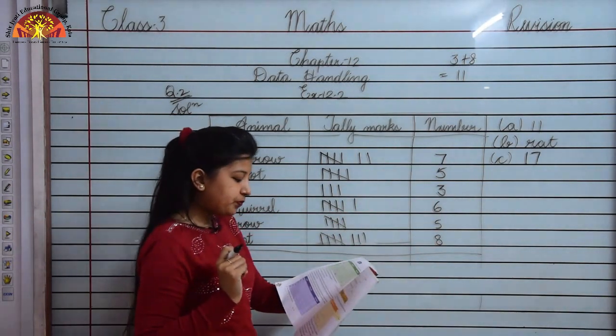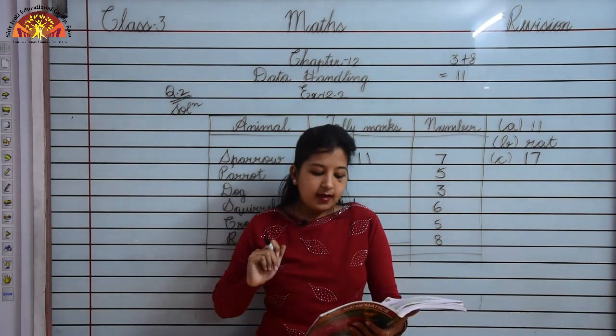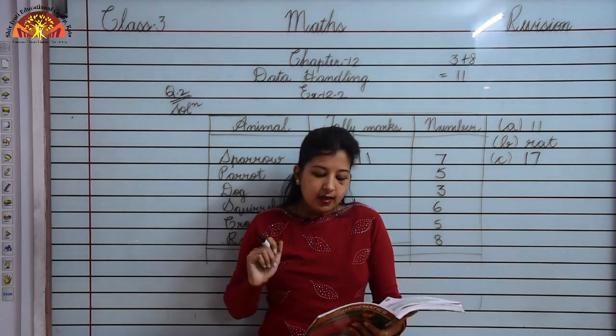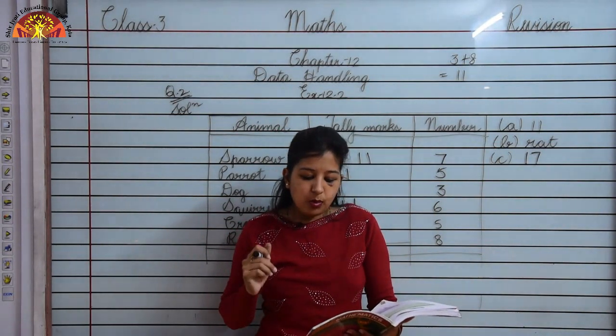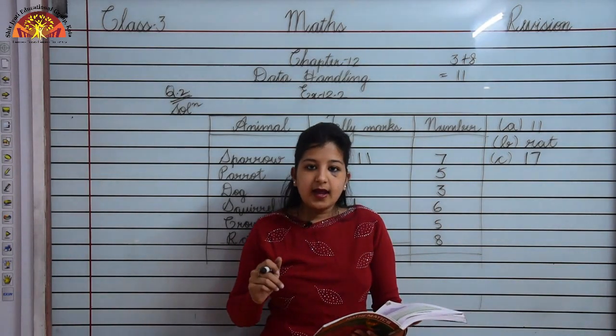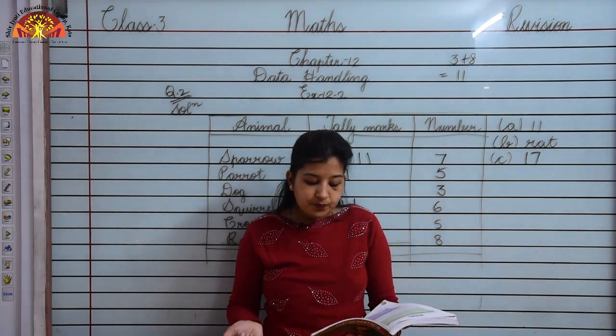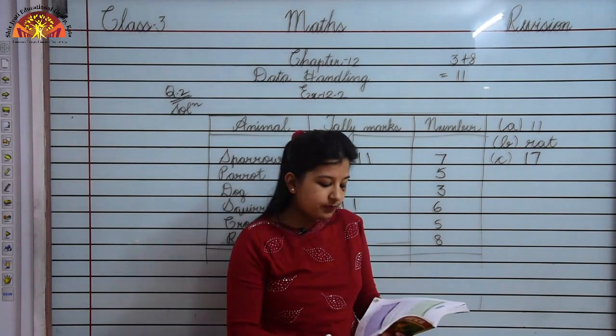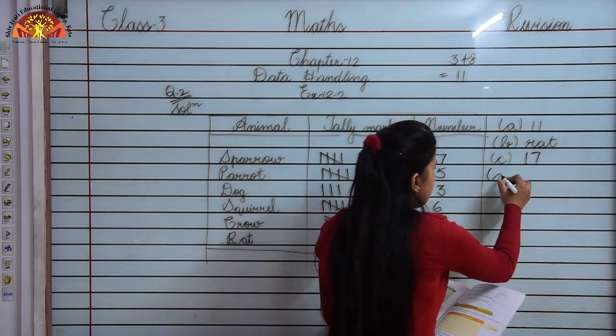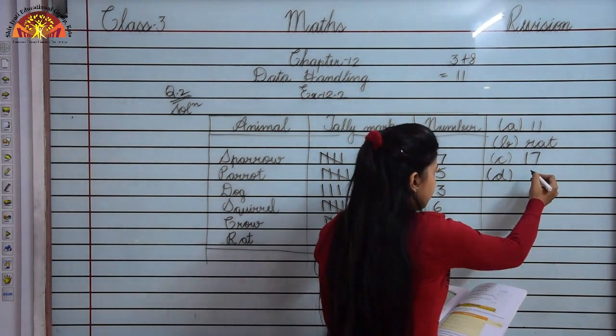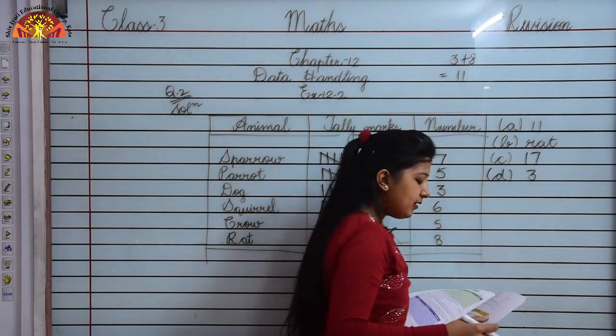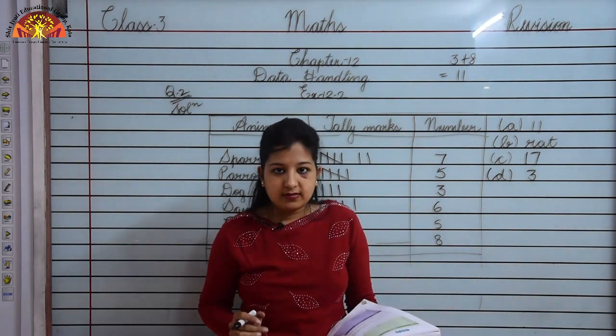Now, the next question is, D part of this question is, how many more squirrels did he see than dogs? So, he saw 3 more squirrels than dogs.